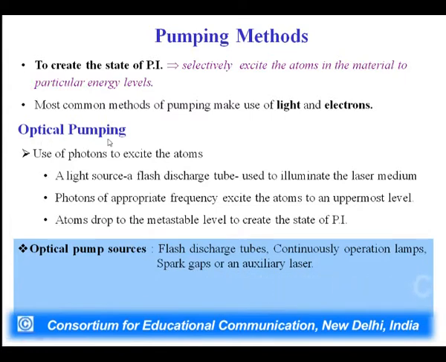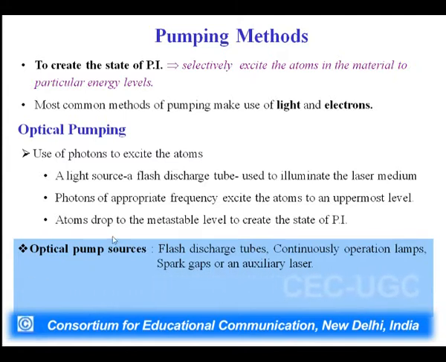The first pumping process is optical pumping, where we use photons to excite the atoms. A light source or a flash lamp discharge tube is used to illuminate the laser medium. Photons of appropriate frequency excite the atoms to the uppermost level. Atoms drop to the metastable level to create the state of population inversion.